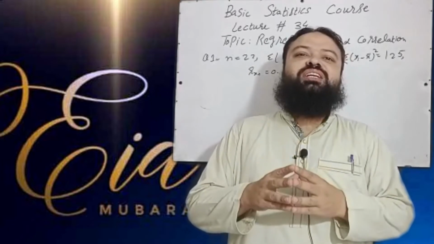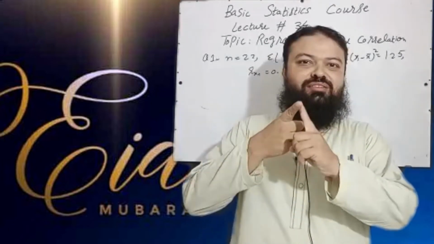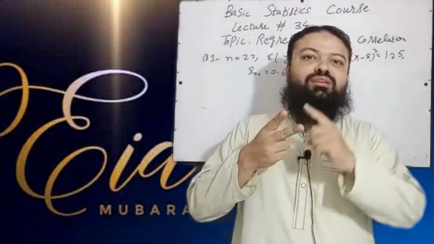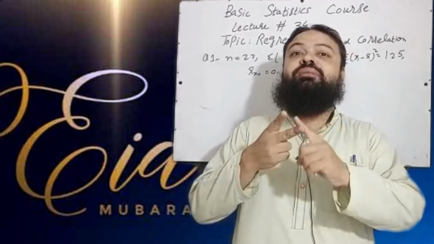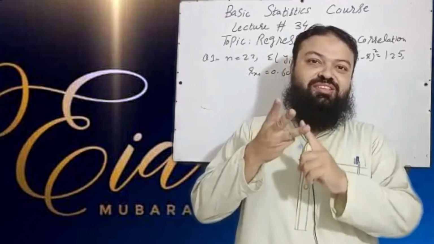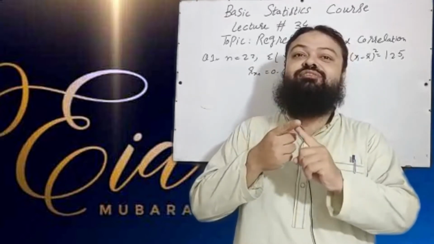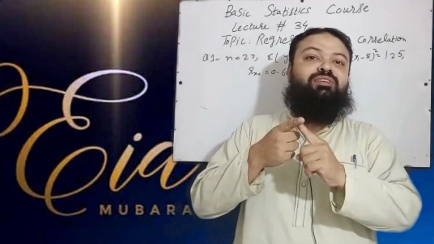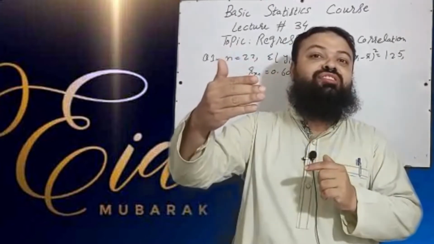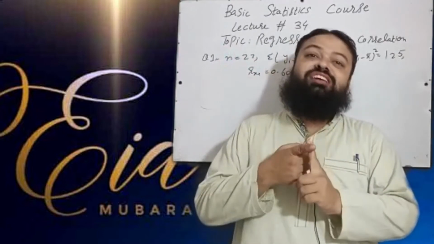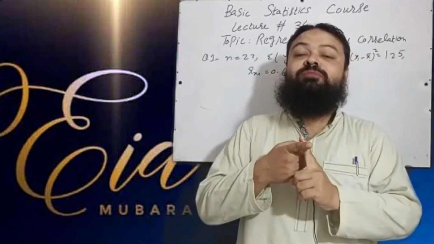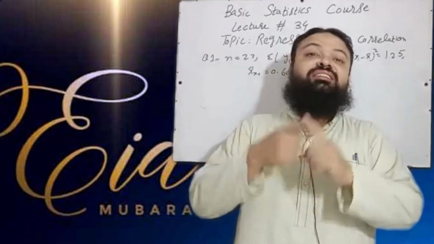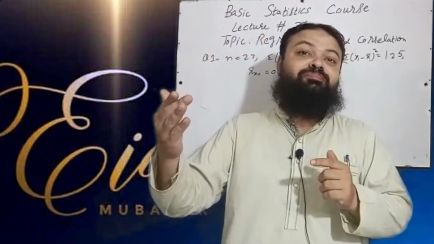Dear students, do you know number 1, what are dummy variables? Number 2, what value may dummy variables assume? Number 3, if a qualitative variable has m categories, then how many dummy variables will be introduced? A very important concept. Question number 4, if r square is the coefficient of determination, then what is 1 minus r square?